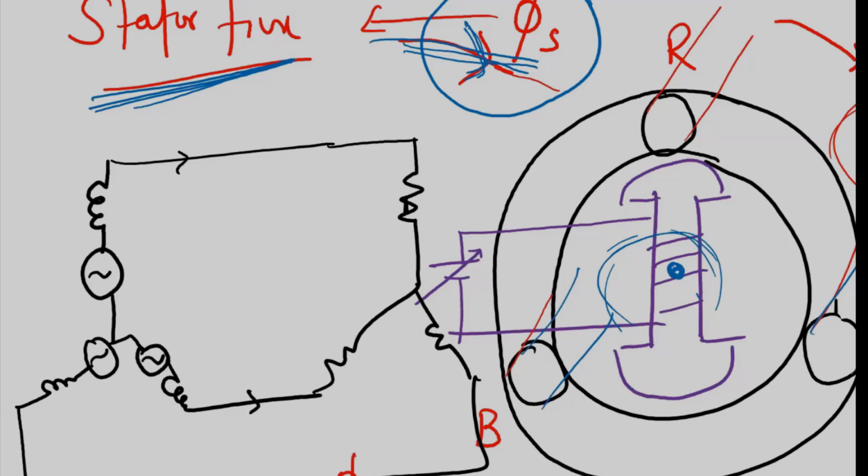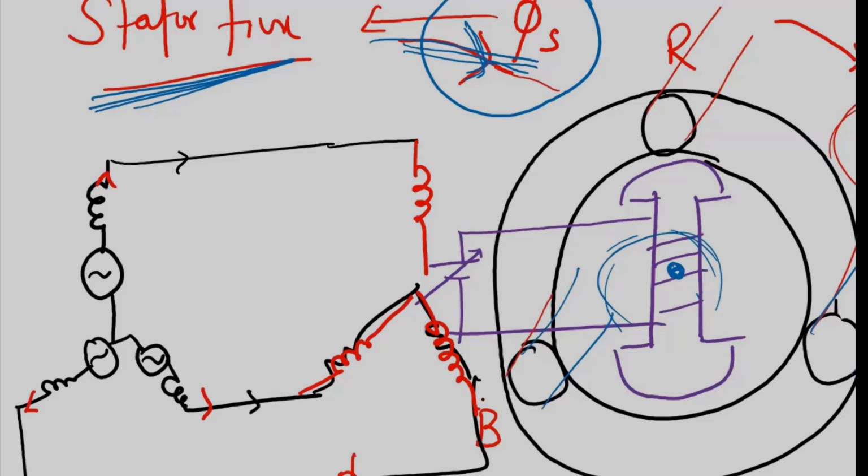In this case, the armature reaction is completely cross magnetizing. Now, if I connect pure inductive loads, then the nature of this armature reaction is purely demagnetizing.